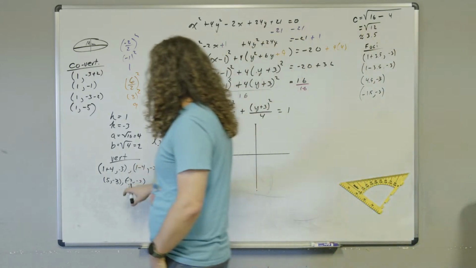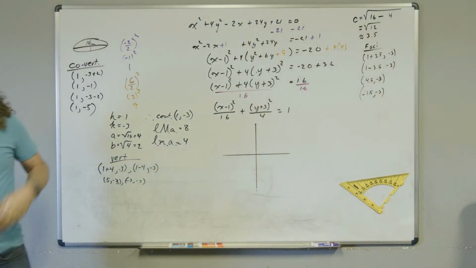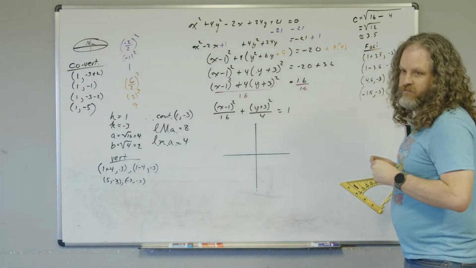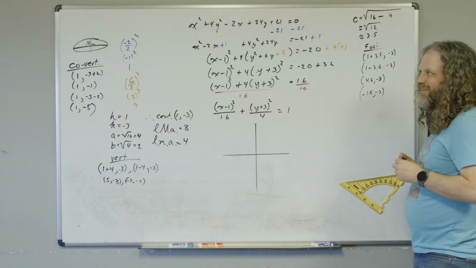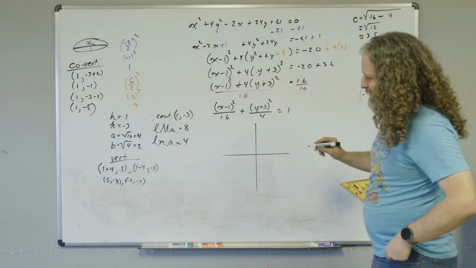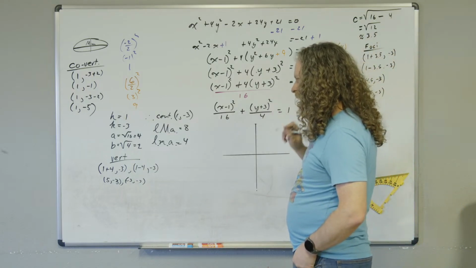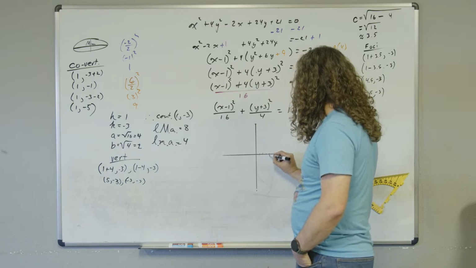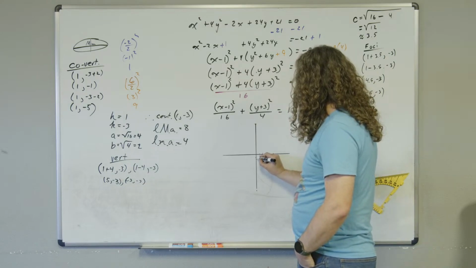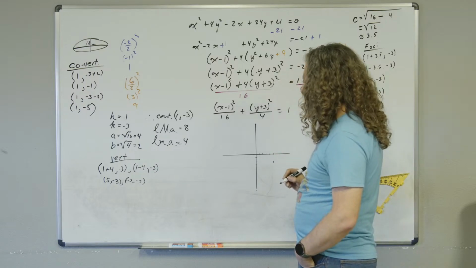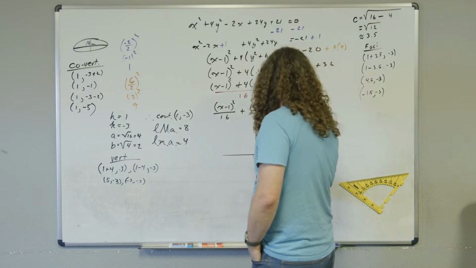At the very least, these and these. Vertices is plural, so there's multiple. Vertices at 5, negative 3, and at negative 3, negative 3.